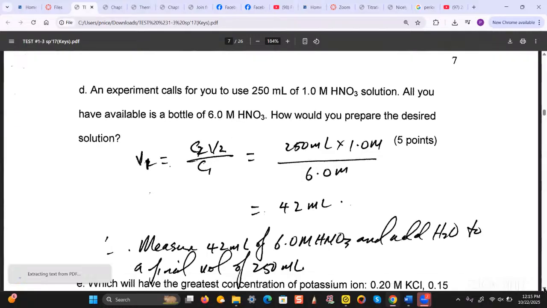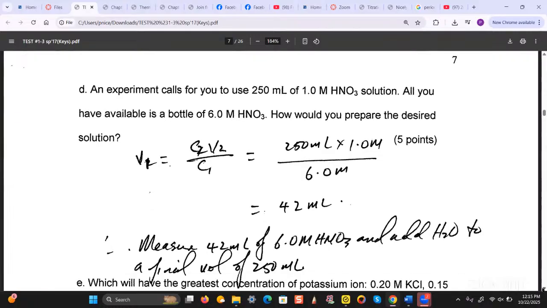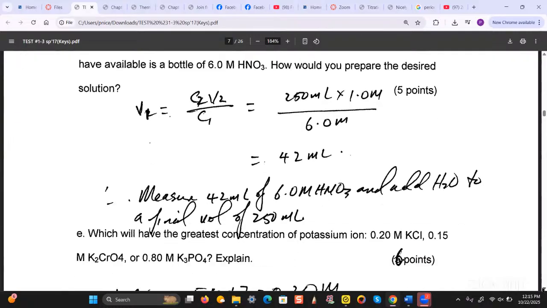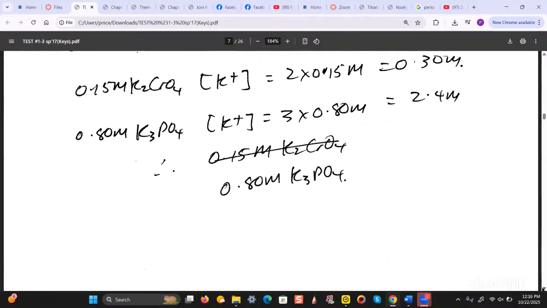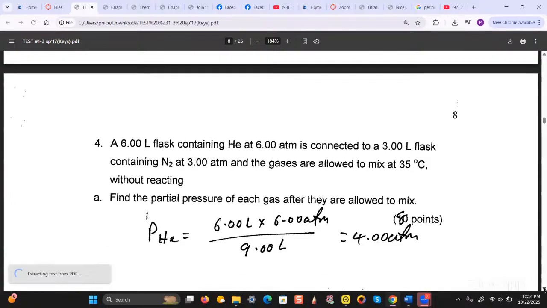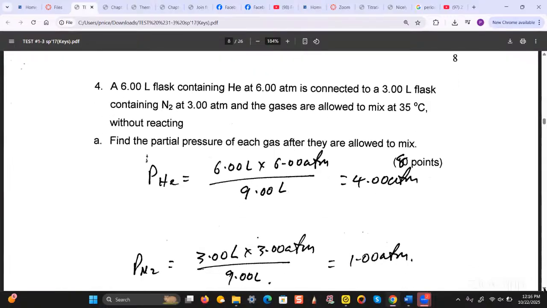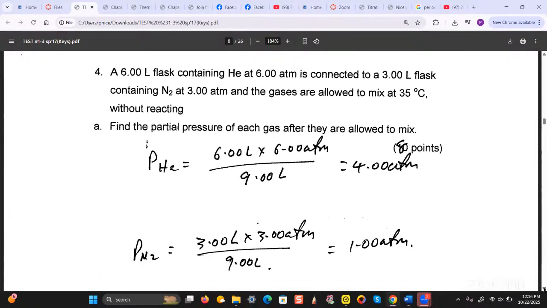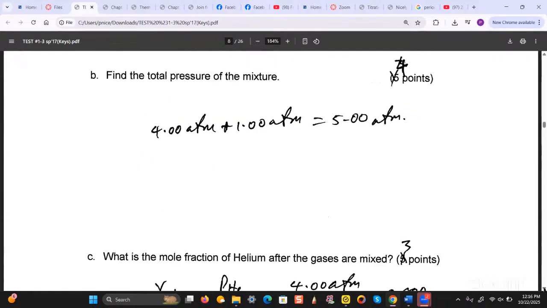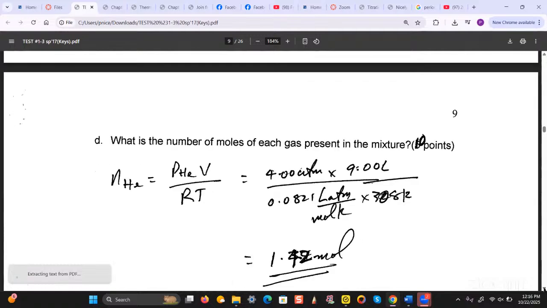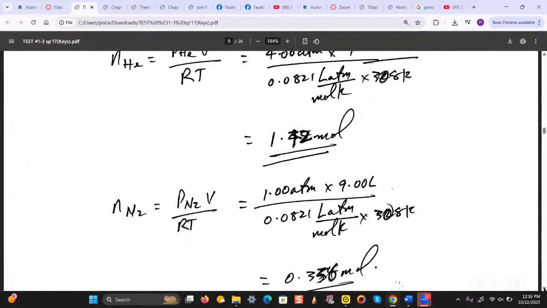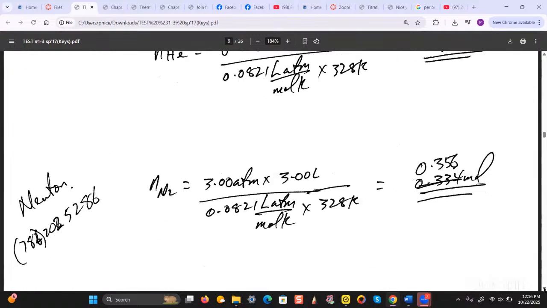And this is another one, dilution, and concentrations. Okay, gas laws. Here's one here, so I would look at that as well. Okay, very good. Yep, I would look at these as well.